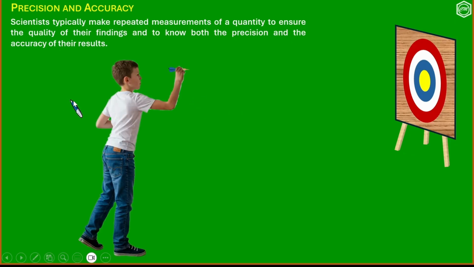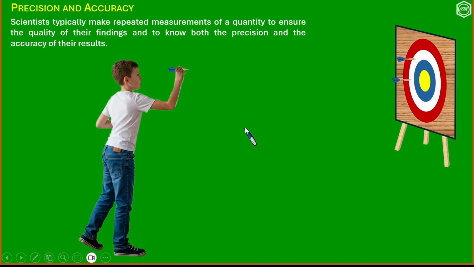We start with Johan, and he is ready for his throw. Now, his first throw, oh, it is out of the target. Now, his second attempt, yeah, that again is out of the target and it is away from the first one.